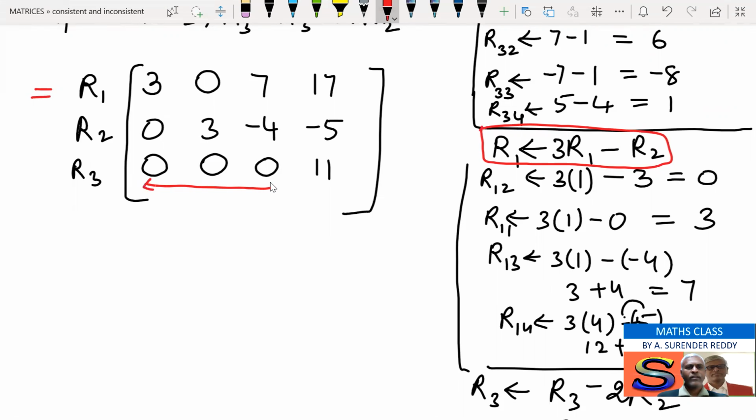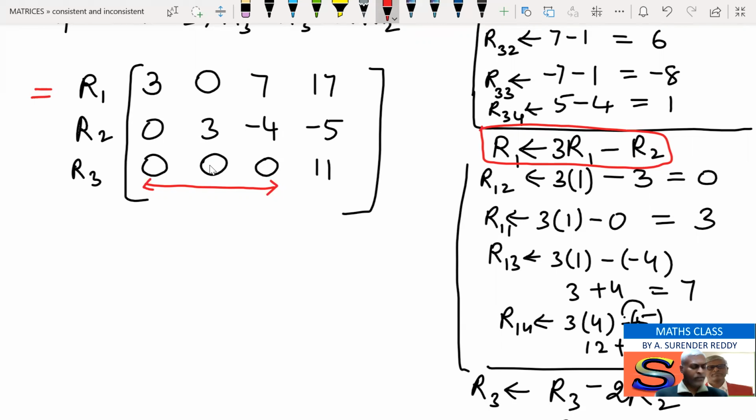If this happens, all 3 zeros x, y, z in R1 or R2 or R3, in any row, if you get the X, Y, Z terms as zeros, it is no solution. You don't have a solution for such equations. So for this, the determinant is 0, so its rank cannot be 3.